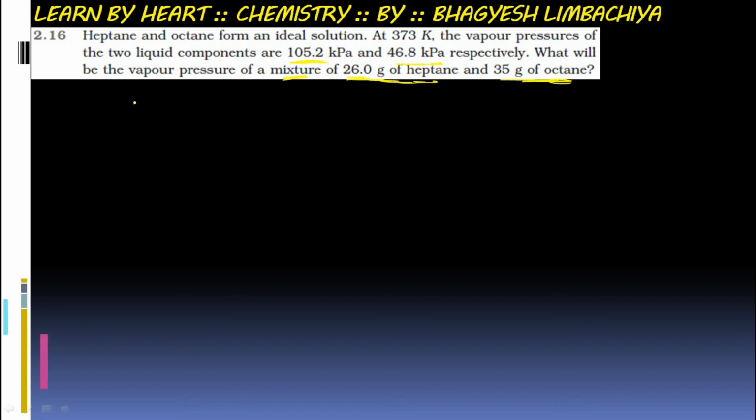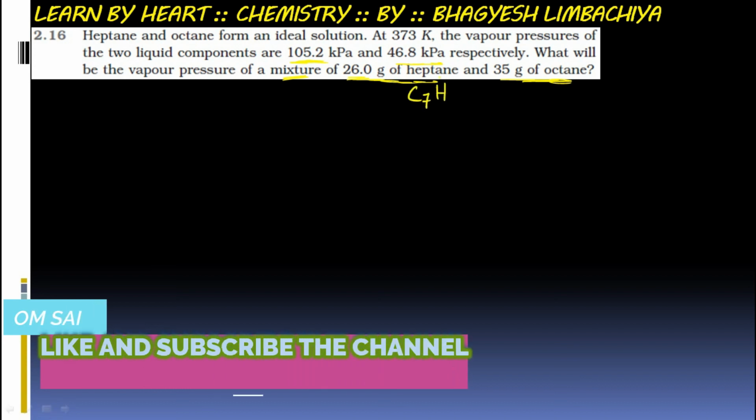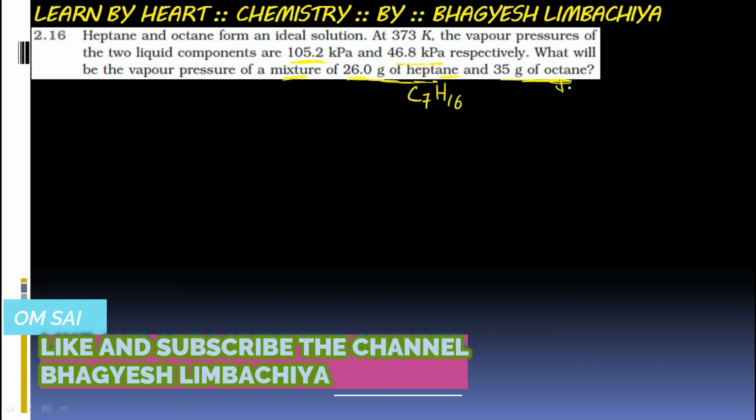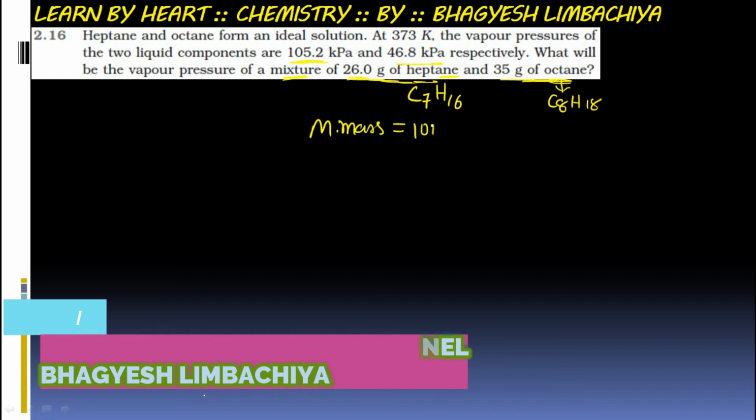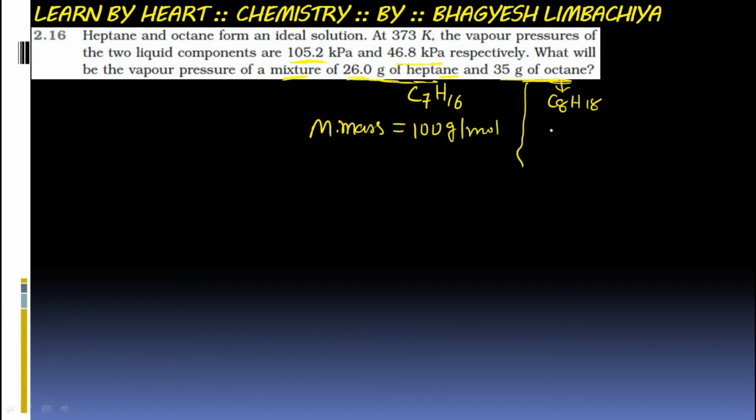So first of all, heptane has formula C7 and it's an alkane, CnH2n+2, so it will be C7H16, and octane C8H18. That's why both have molecular masses: for heptane it is 100 gram per mole and for octane it is 114 gram per mole.